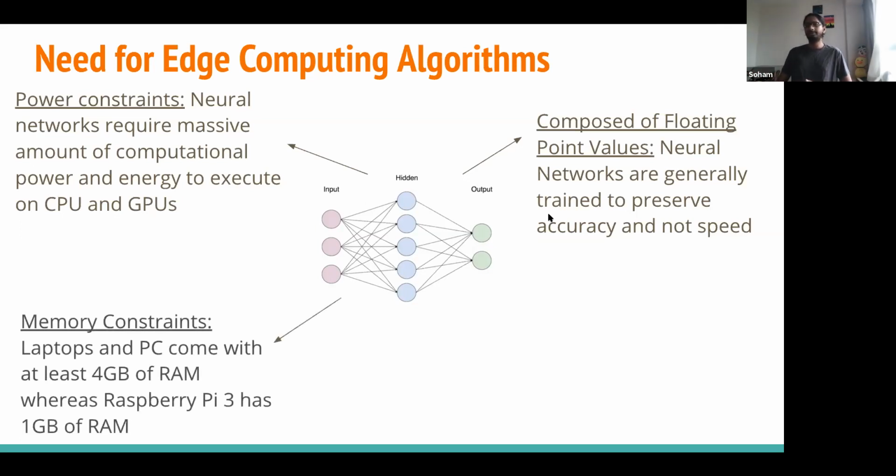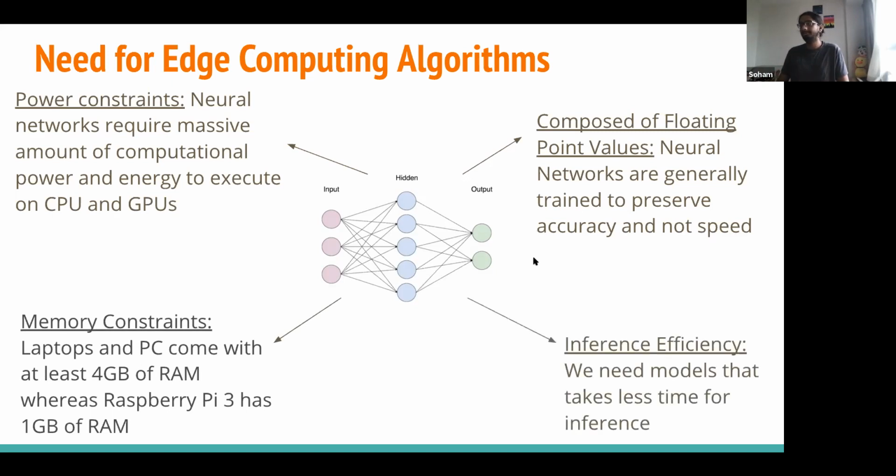Another problem is memory constraints. Raspberry Pis just have, or at least the Raspberry Pi 3 had, 1 GB of RAM. Other microcontrollers like an Arduino have even less memory. So we have to reduce the size of our models so that they can fit on our edge devices.